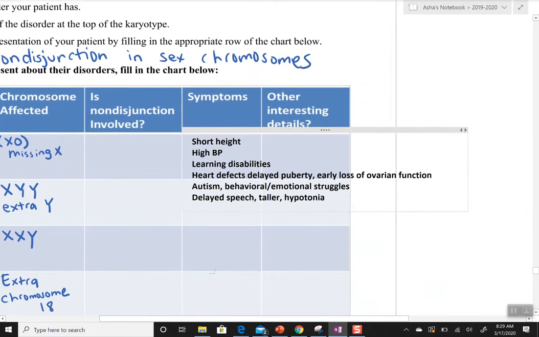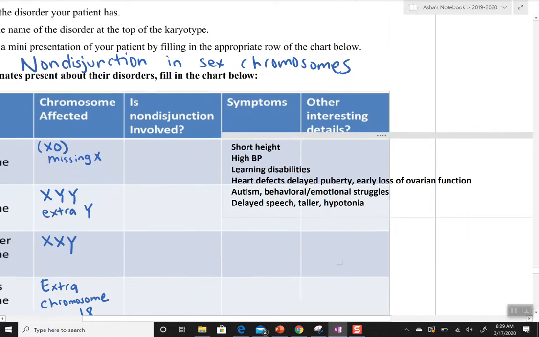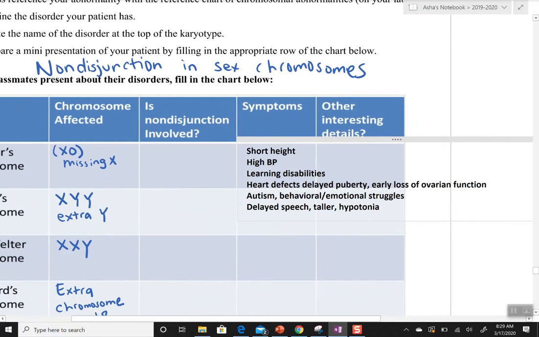For Turner syndrome, you could have a short height, high blood pressure, learning disabilities, heart defects, delayed puberty, early loss of ovarian function, autism, behavioral emotional struggles, or delayed speech.